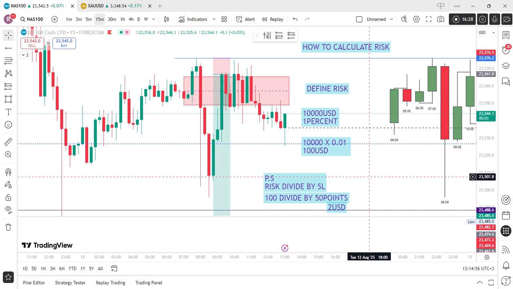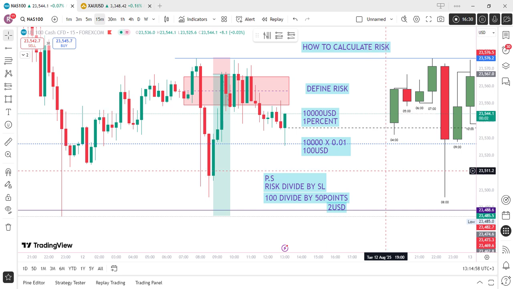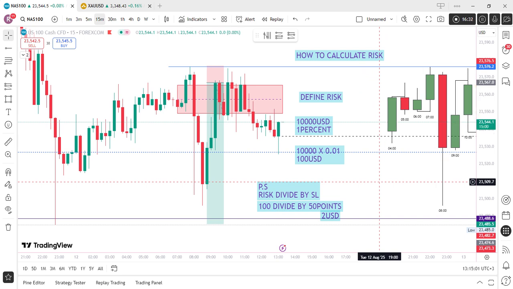If you don't want to go through this mathematics, just Google Forex risk calculator, or Google indices risk calculator, then choose whatever you want. I have no affiliation with any of them, but ensure that the accuracy is on point. Then just put your account size. If it is 10,000 USD, you'll see those details there.